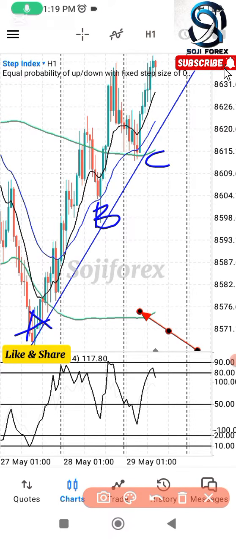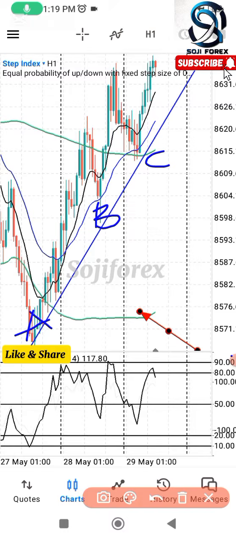So how do I do that? Once I've established point A and point B structural points, I will wait for price to pull back to the trend line zone. This trend line is being treated as a zone, because there are instances where price can break out of the trend line and still close back inside it, and that is why we call it a zone.